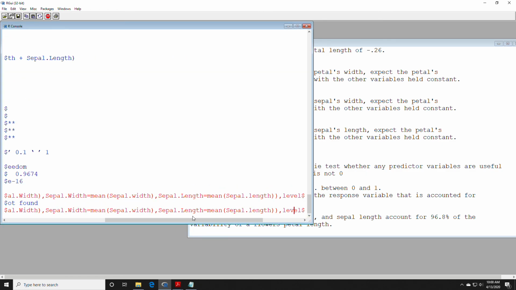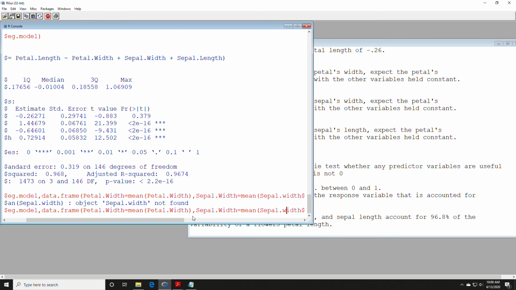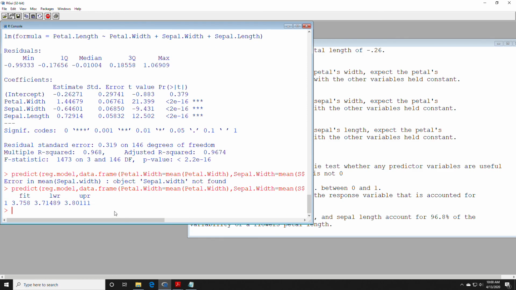It didn't like sepal width, and it's not going to like sepal length either. And there you go.